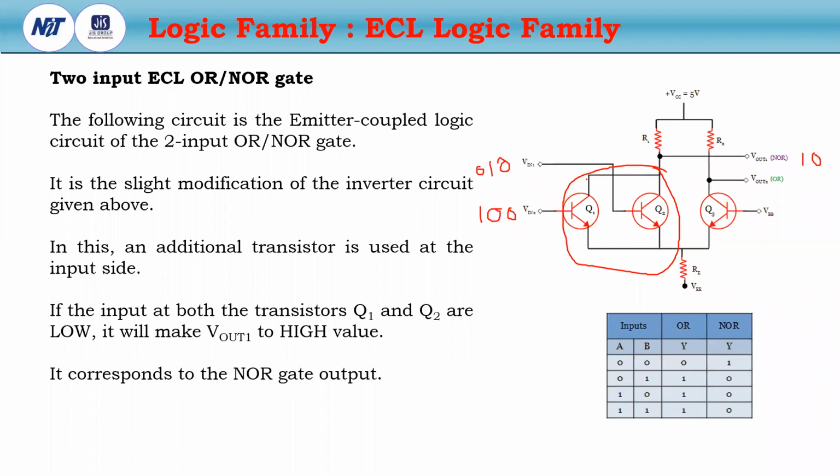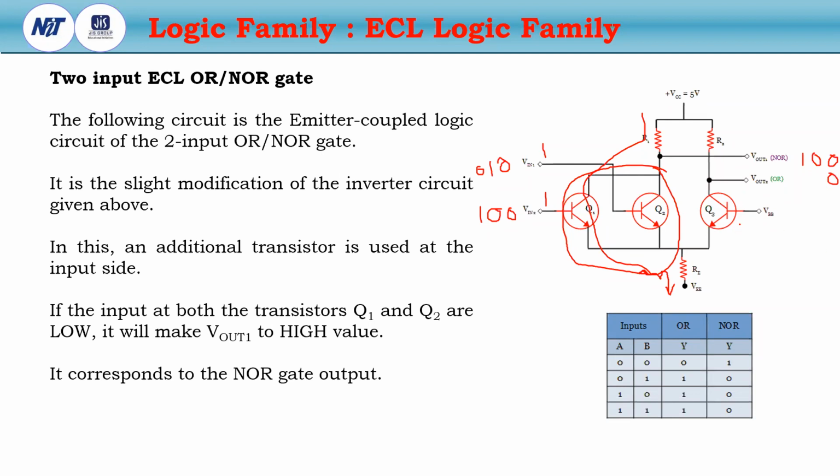So the current will flow like this, like this. Okay. So the output will be logic 0. When both are 1, then both the transistors Q1 and Q2 are turned on, then we will get the output as logic 0.